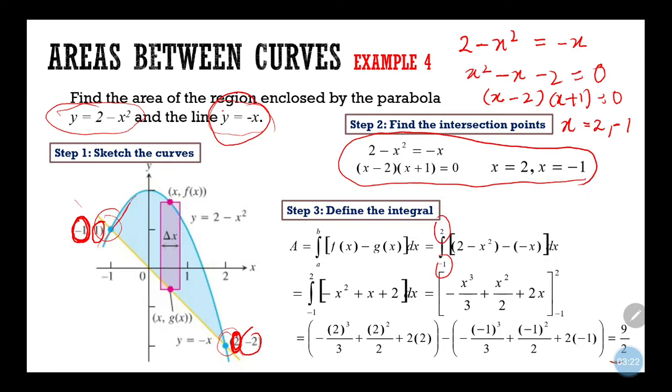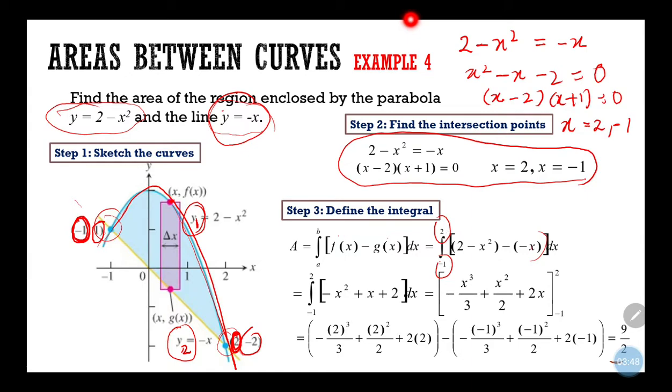And the upper curve here, after you sketch the curve, we find out that let's say this is y1, this is y2. So y1 minus y2. So that's why we have f(x) minus g(x). Yang ni saya regard as f(x), yang ni sebagai g(x). So the integral of 2 minus x square minus minus x dx, integration from negative 1 to 2.